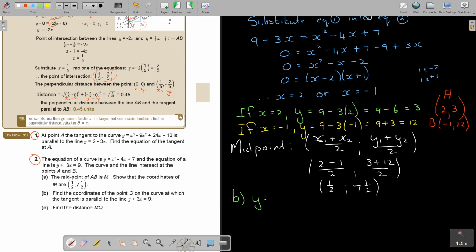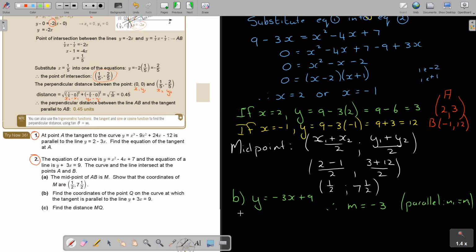So y is equal to negative 3x plus 9. If it's parallel, then the gradients will be equal. So therefore, m is -3 because parallel, m1 equals m2. It will be the same.